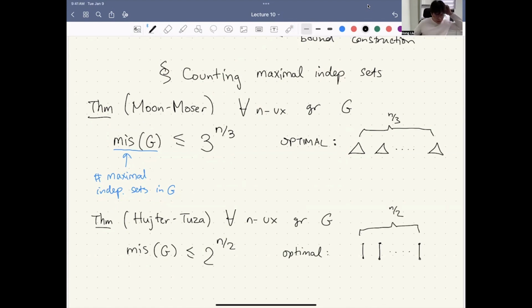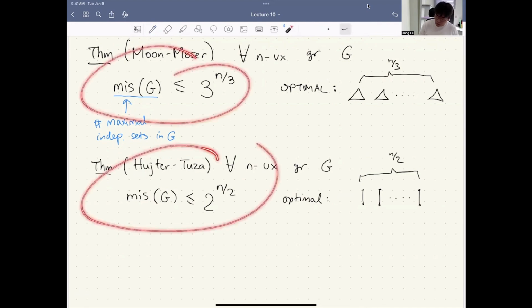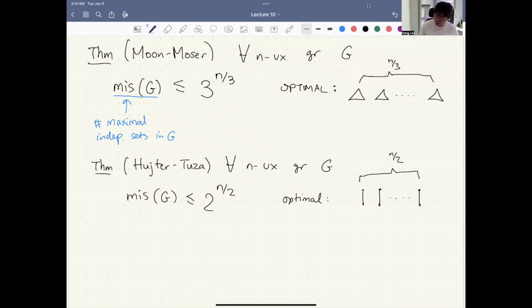All right. Now, let me leave as an exercise for you to prove, using these 2 theorems as black boxes, a sort of hybrid version.